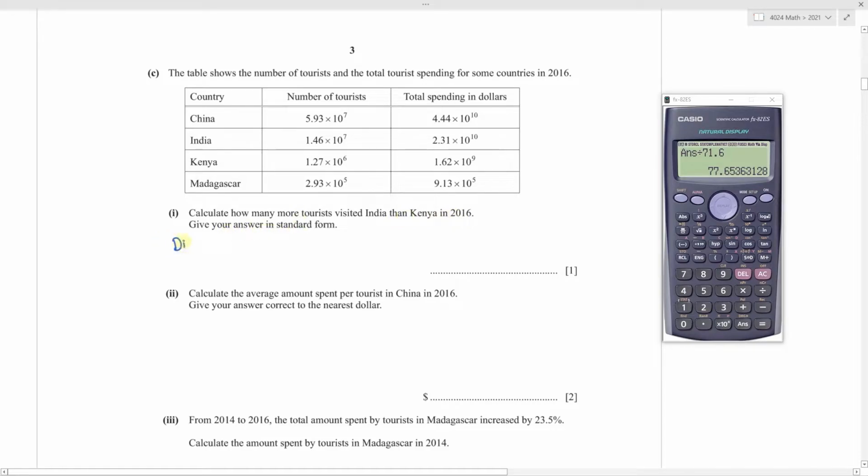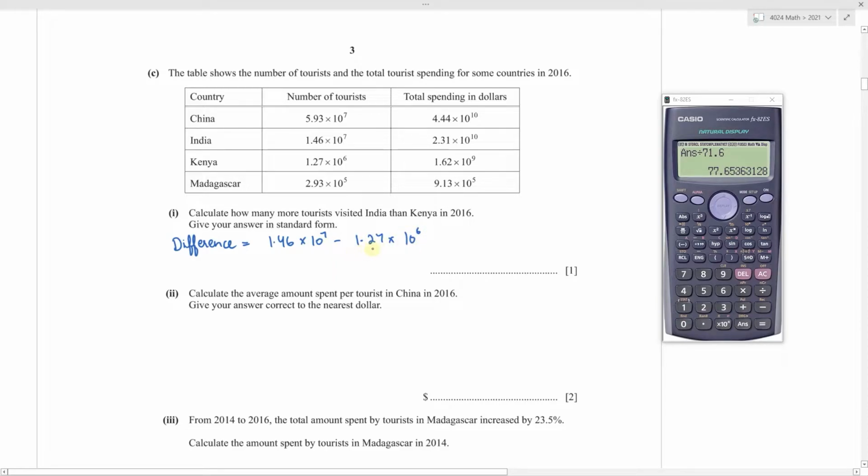So you have to find basically the difference between number of tourists who visited India and Kenya. So India is larger because more tourists visited India. So 1.46 into 10 power 7 minus how many visited Kenya? 1.27 into 10 power 6.